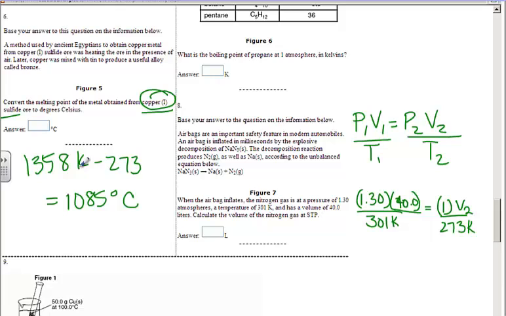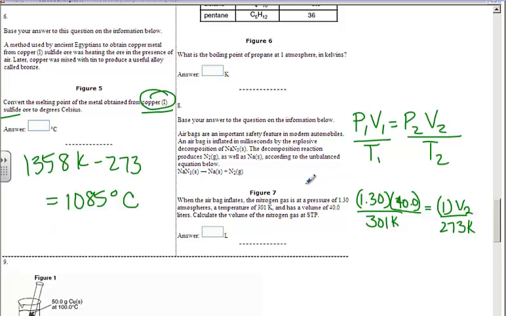When we go from Kelvin to degrees Celsius, we subtract 273. So 1358 Kelvin is the melting point for copper, very, very high. That's why it's a great metal to use for pots and pans, so it doesn't melt while we're cooking. And when we convert it, we get 1085 degrees Celsius.